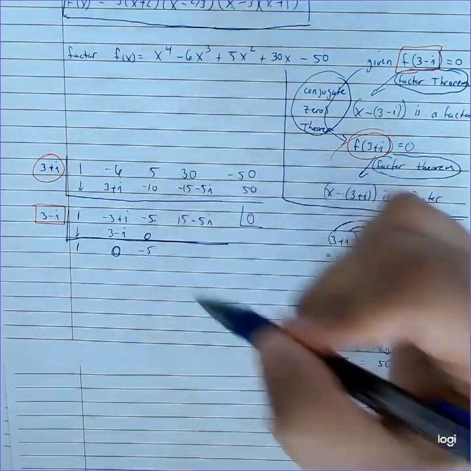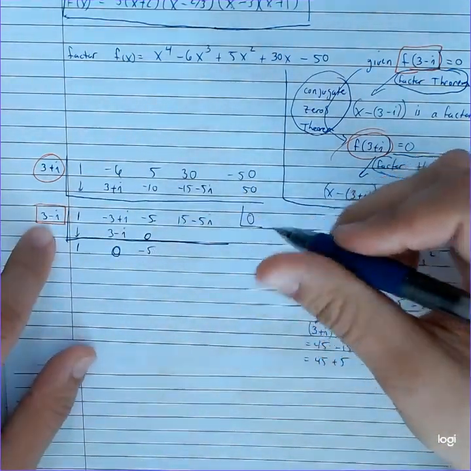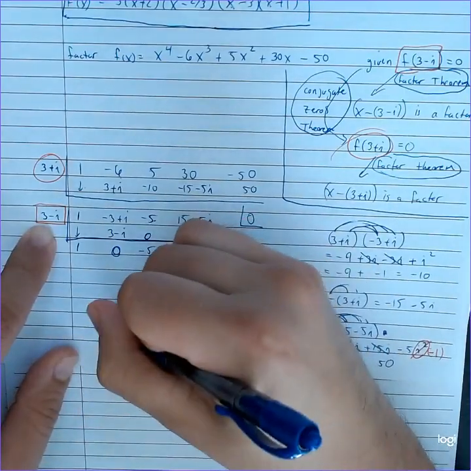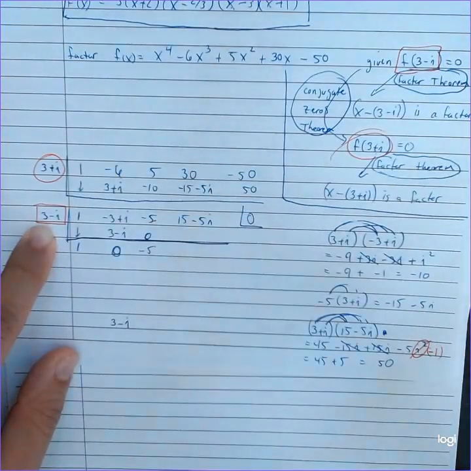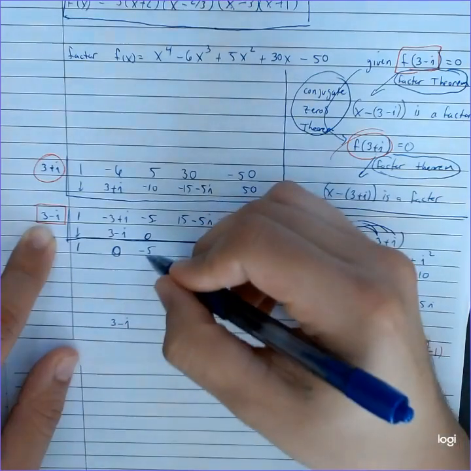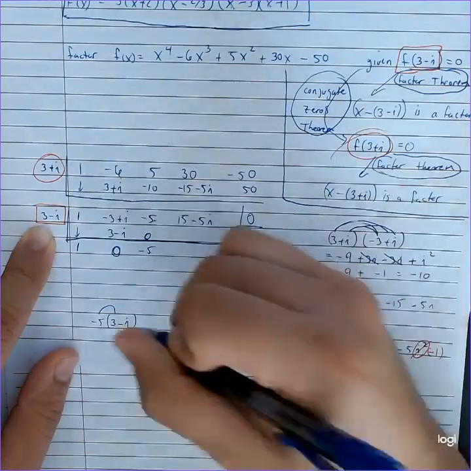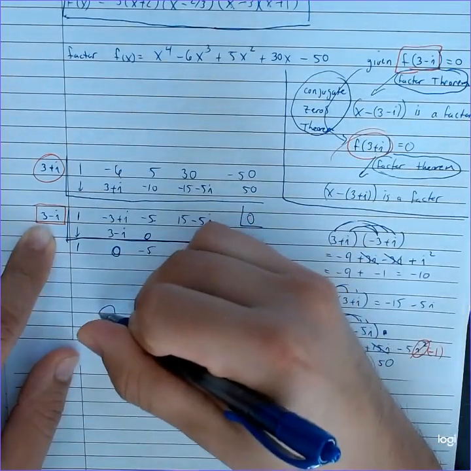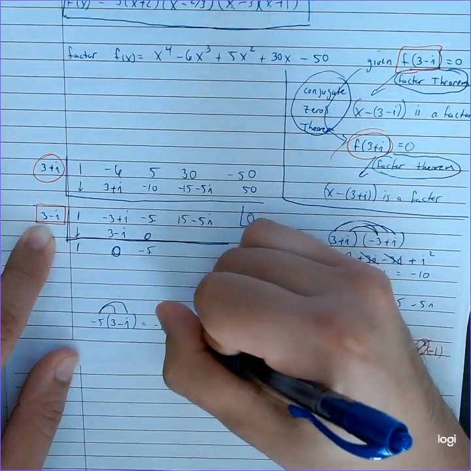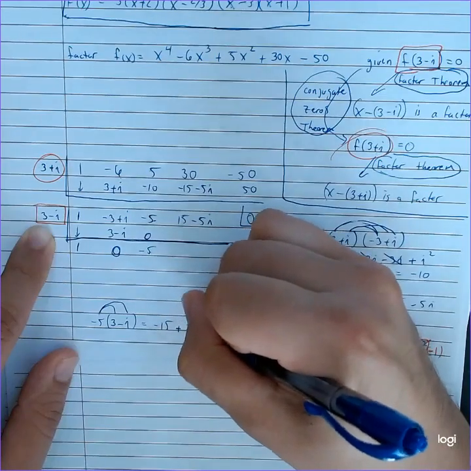And then if I multiply these, well, let's see. That's going to be 3 minus i times our negative 5. And that's just going to distribute. Negative 5 times 3 is negative 15. Negative 5 times negative i is positive 5i.